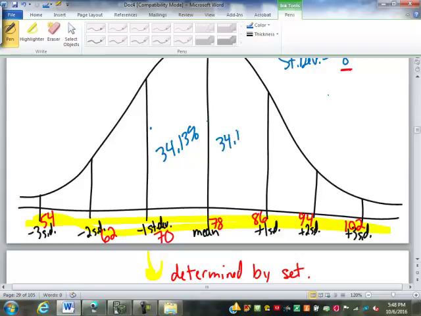Since it's symmetrical, it's 34.13% between the mean and one standard deviation above. Going below from one standard deviation to two standard deviations, there's always going to be 13.59% of the data in that range. And of course, the same above, 13.59%.